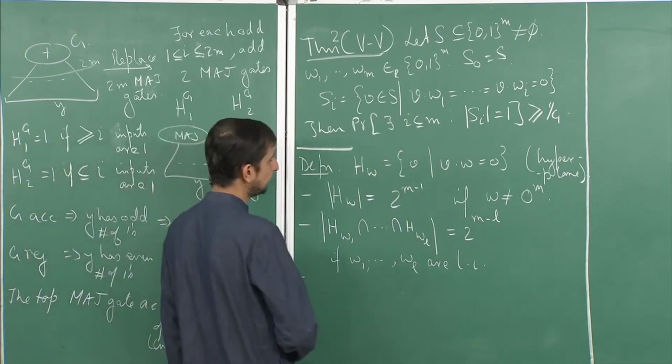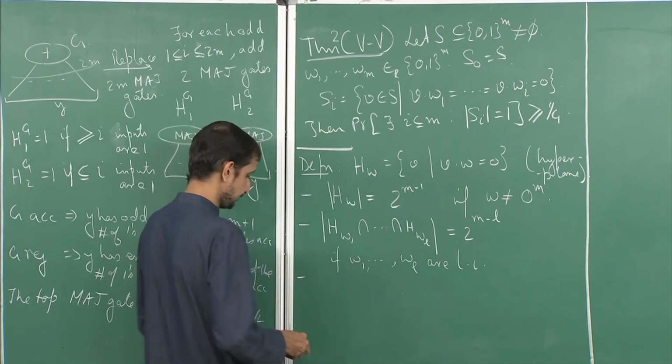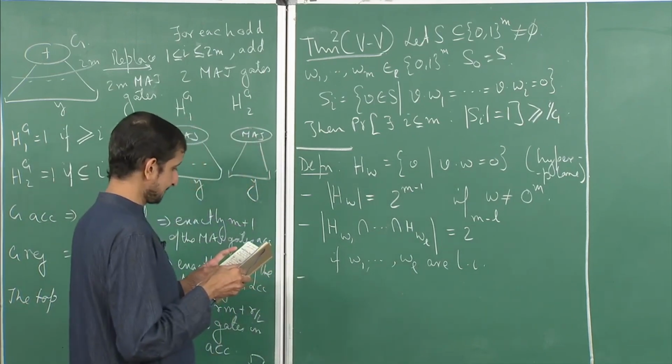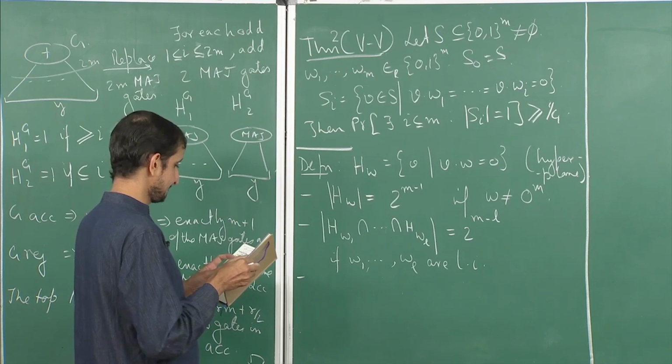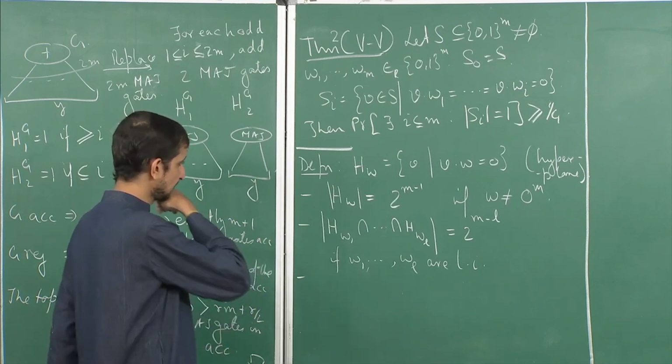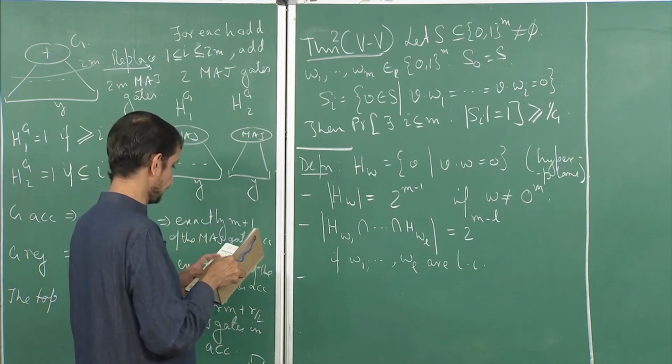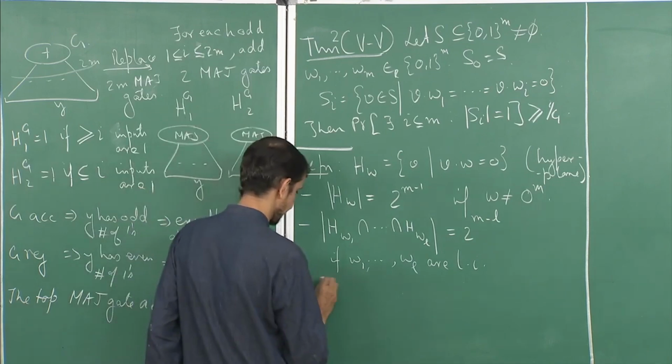Next, we define span. This is a subspace of size 2 to the power m minus n. Next I will define rank.